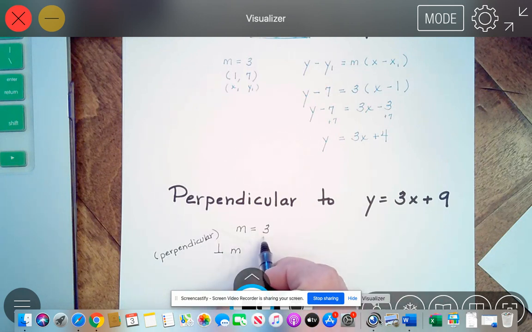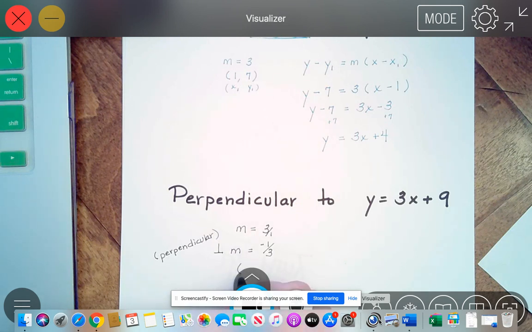I'm going to change the sign. If it's positive, and this one's positive, I'm going to make it negative, and I'm going to flip it. This is the same as 3 over 1. So my perpendicular slope is going to be negative 1 over 3.